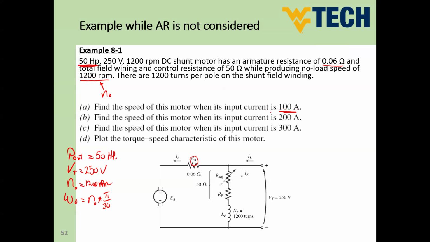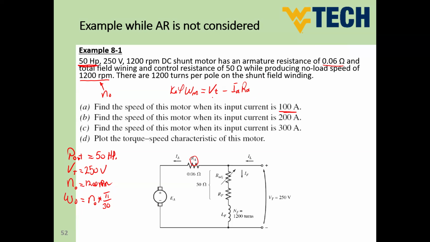Okay. So far, guys, we don't have a lot of relations for the speed. You know the speed relation that we can obtain from the induced voltage relation, which is Ka phi times omega m, this is the EMF, equals V terminal minus IA RA. So this is the relation that we can use to calculate our motor speed. But in order to do that, you need to know the following. Firstly, from the right hand side, you need the V terminal.